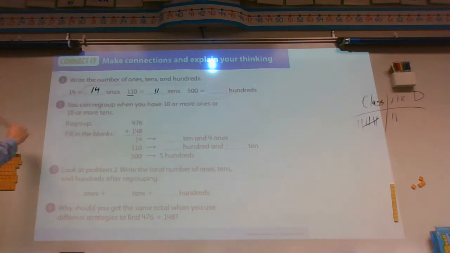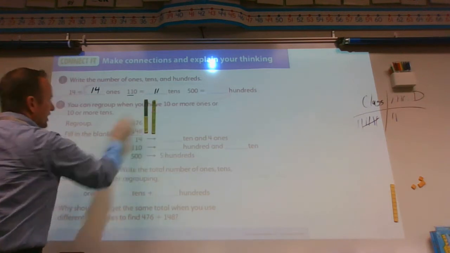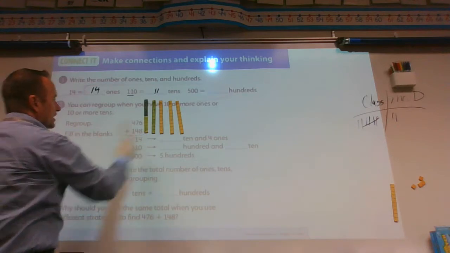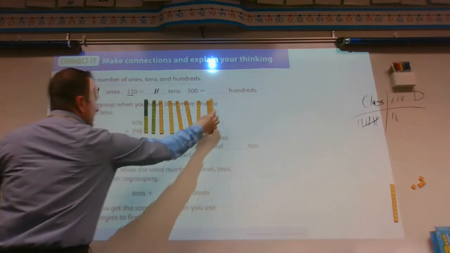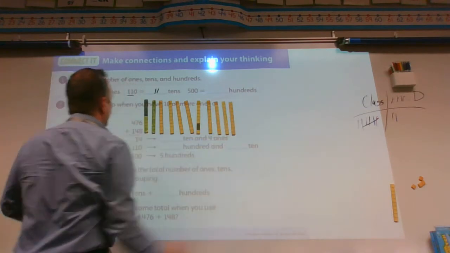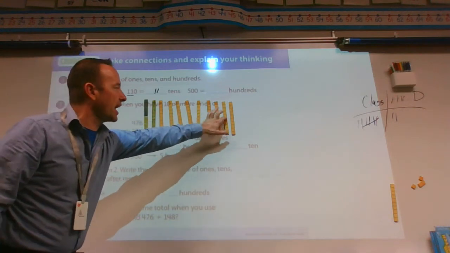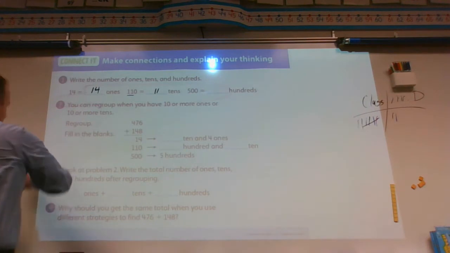Okay, this is a 10 stick. Let's count. We have 10, 20, 30, 40, 50, 60, 70, 80, 90, 100, 110, right? And we only have 1, 2, 3, 4, 5, 6, 7, 8, 9, 10, 11 ten sticks. So we have 11 tens.